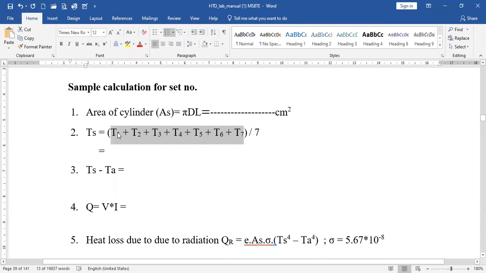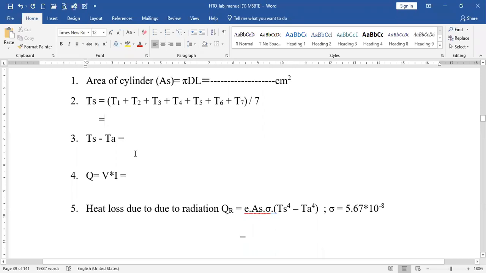There are 7 temperatures, so it is divided by 7. So we get the surface temperature, that is, the average temperature. Then we know the ambient temperature, that is T8 or Ta. So we can calculate the temperature difference on the basis of the average surface temperature and the ambient temperature, that is Ts minus Ta. So this is delta T.